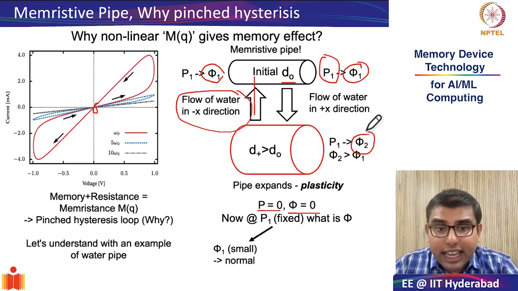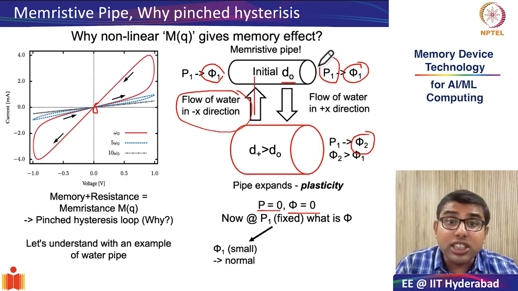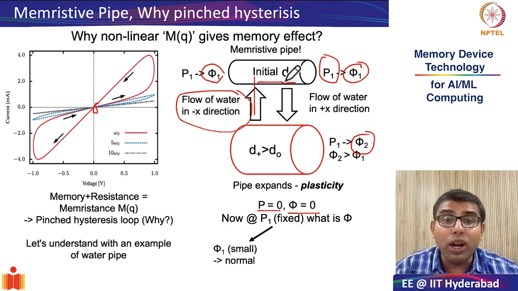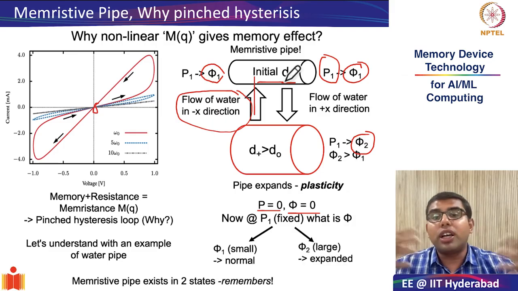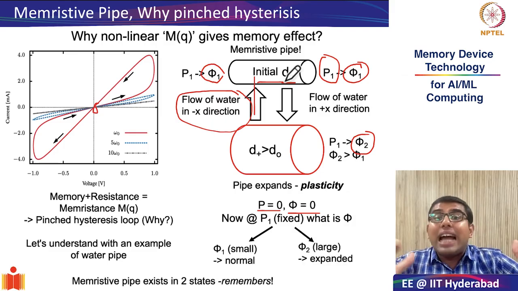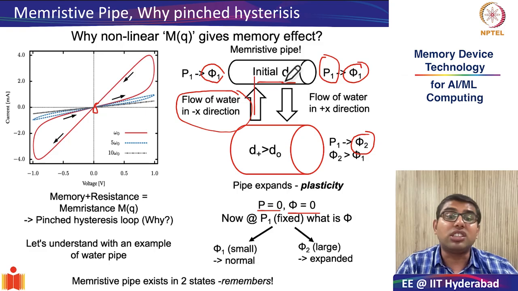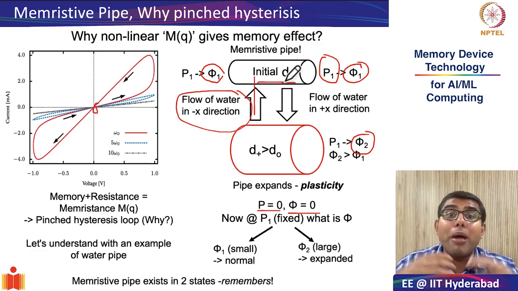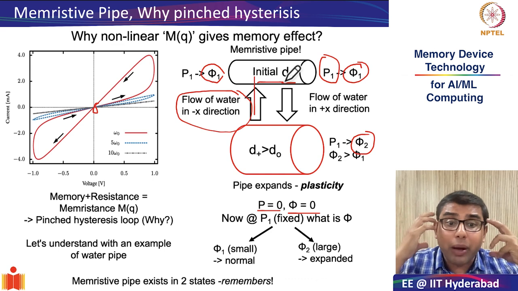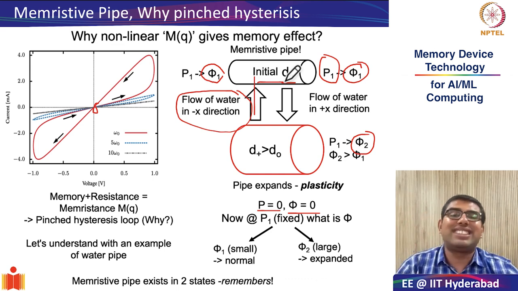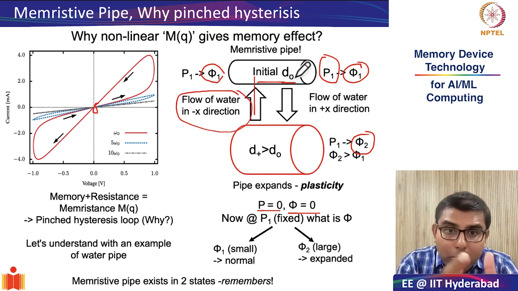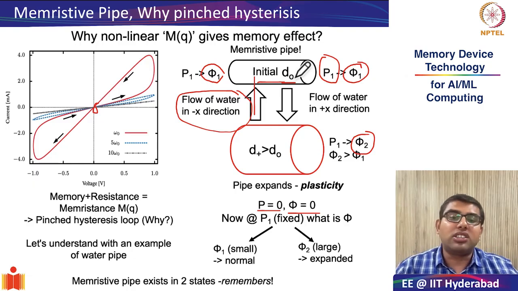The flux can be small, which means it is in its original or normal state, or the flux can be large, which means the pipe is in its expanded state. And this is where the property of memory comes from. This memristive pipe exists in two distinct states, the normal shrunk state or the expanded state.